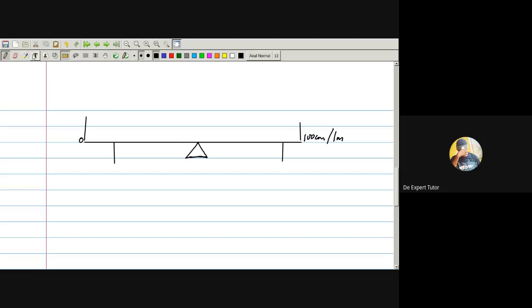Let me say this is F1, and this one here is F2. Let's say this force is F3, and this force is F4. Now pay attention, there's one thing you need to know.